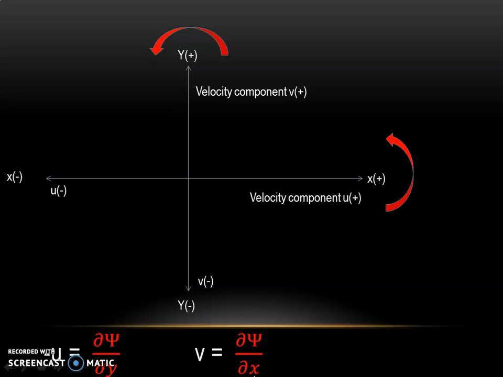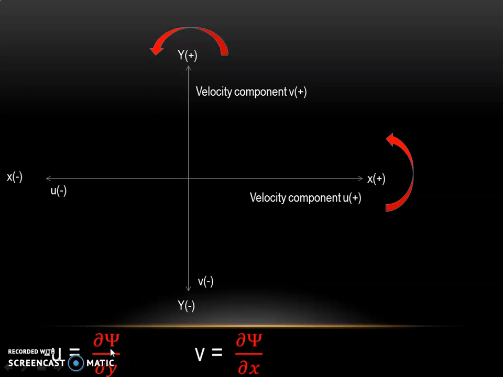Now here from this equation, we can see that the partial derivative of psi with respect to direction x will give us the velocity component which will be at right angles to the direction x. So the partial derivative of psi with respect to x will give us the velocity component v, which is at right angles to x direction.